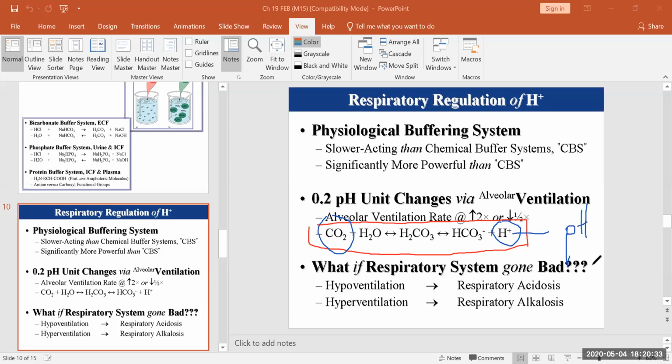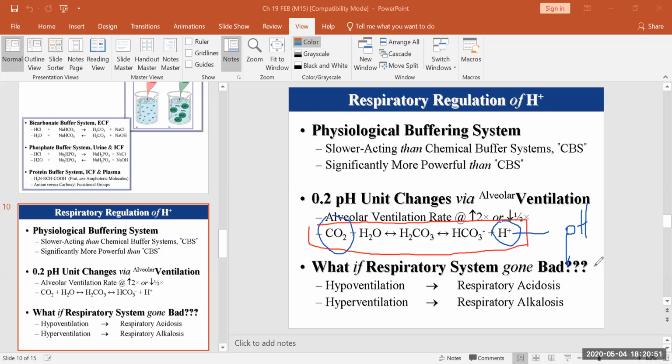The body never allows protons to float freely, because free-floating protons will acidify your solution, and the pH of your solution will drop, right?